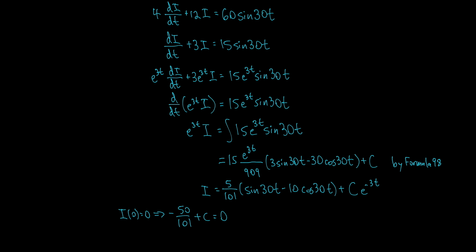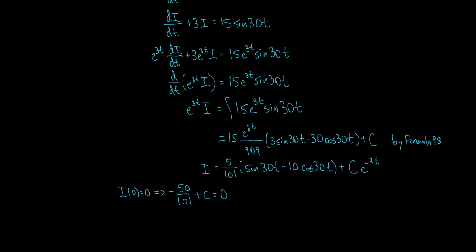So now we know that c is 50 over 101, so we can write I of t is equal to 5 over 101 times the sine of 30t minus 10 times the cosine of 30t plus 50 over 101 times e to the minus 3t.